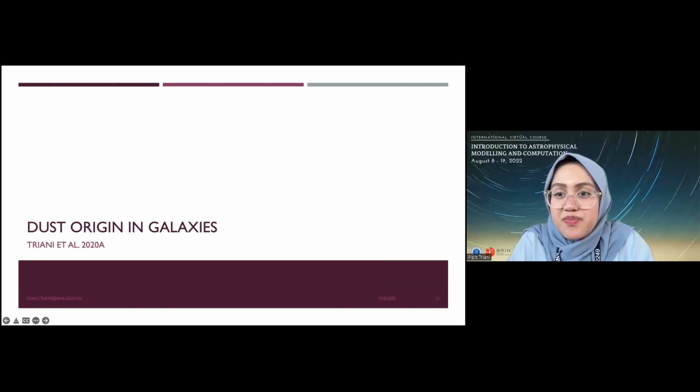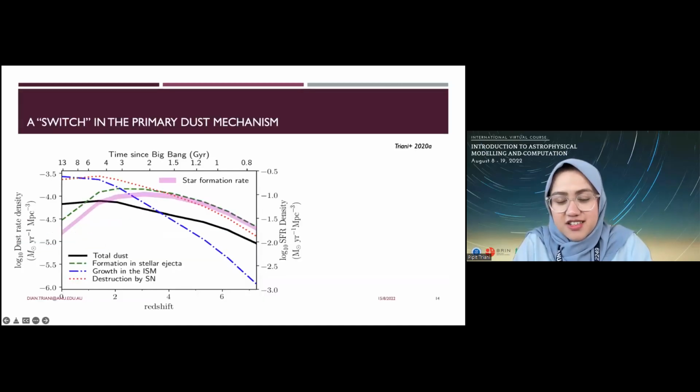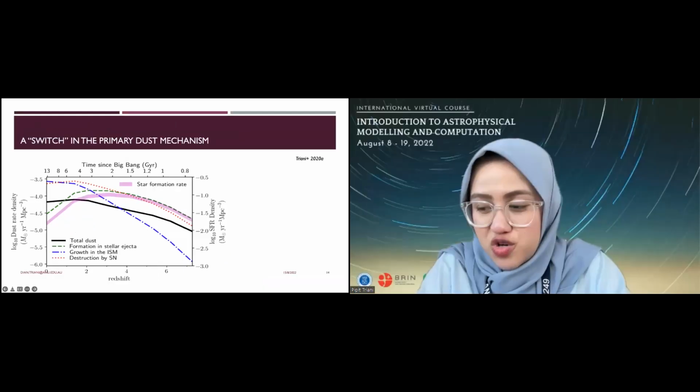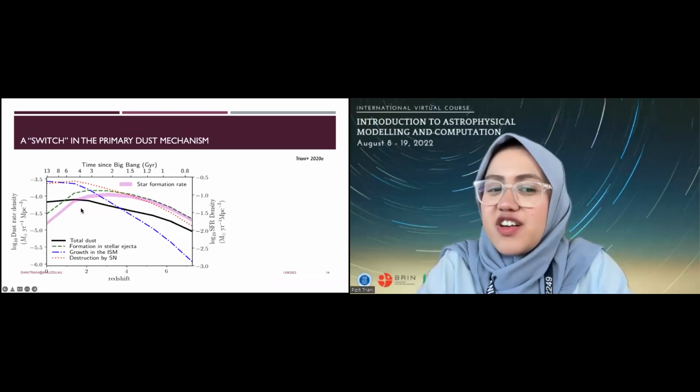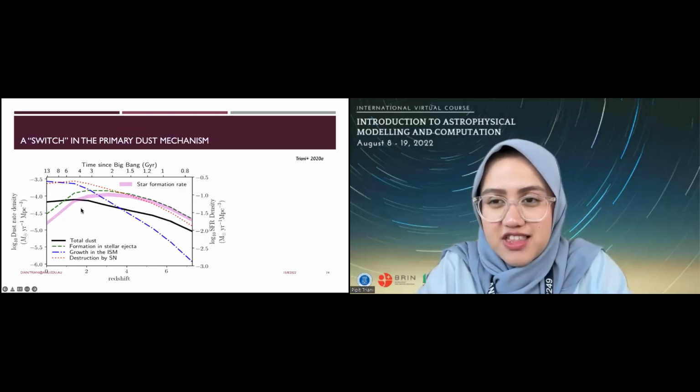Okay, so now we will talk about the results of the model. What I do is I want to learn what is the origin of dust in galaxies, and this is the short version of it. What I've shown here, the pink region, is the star formation rate density that I've shown before.